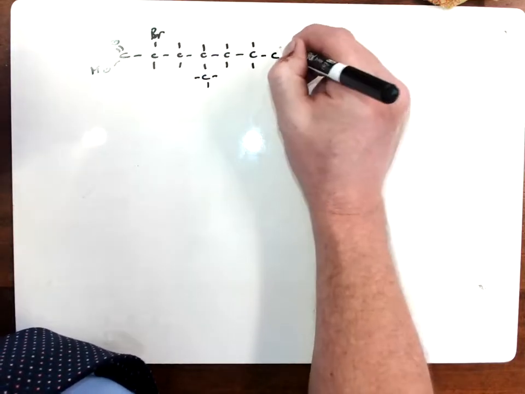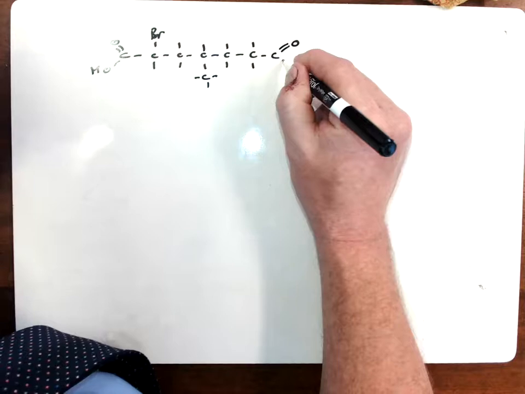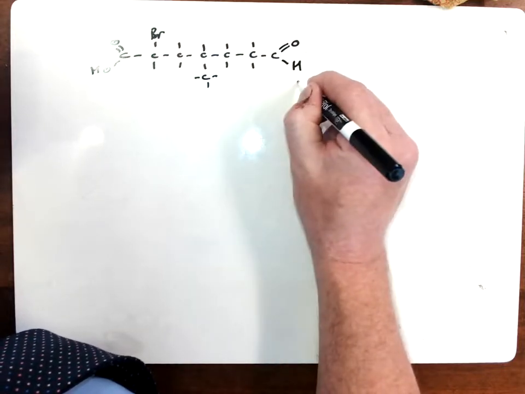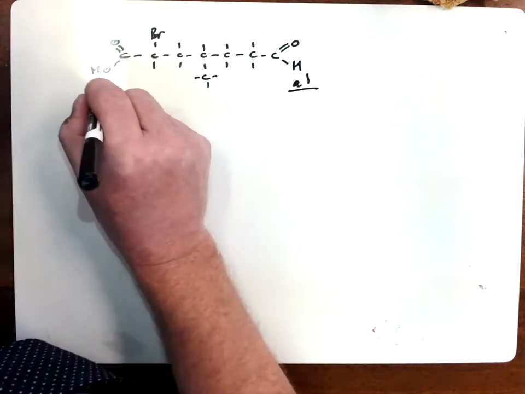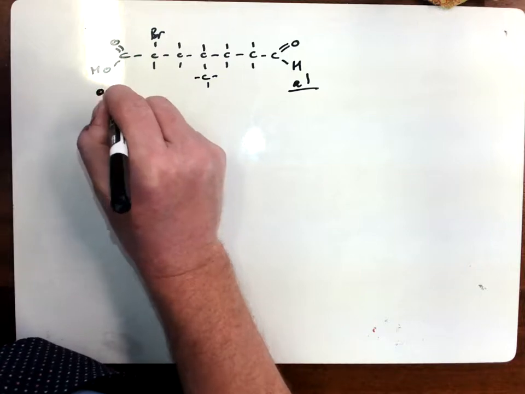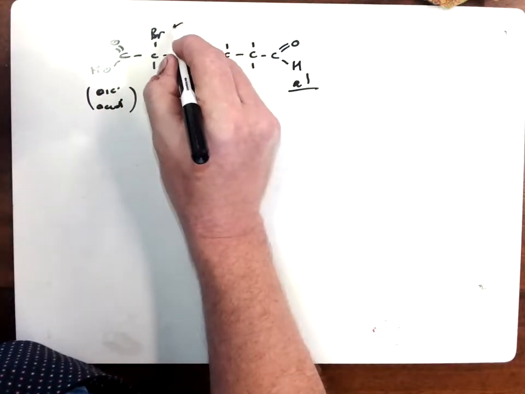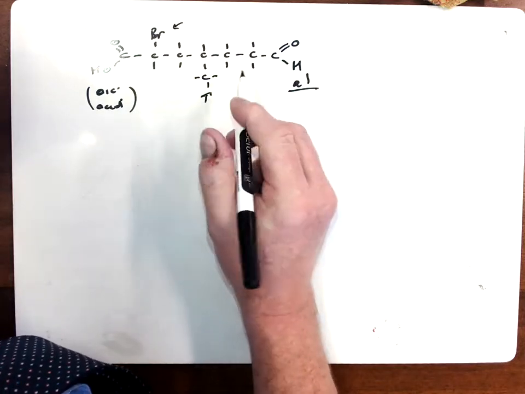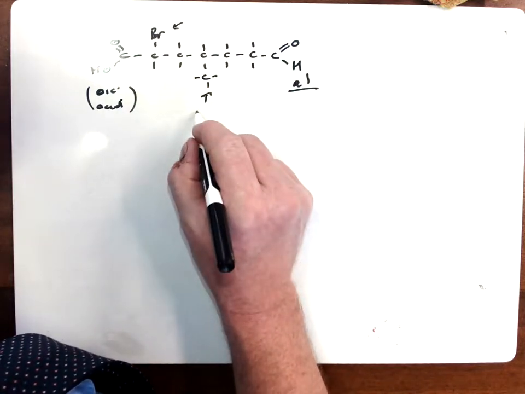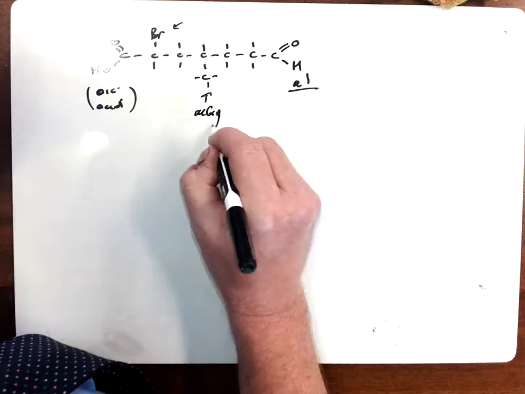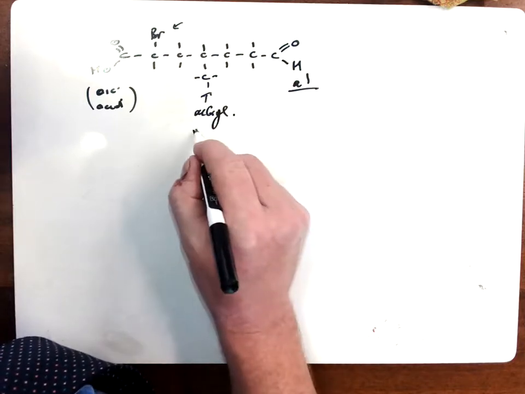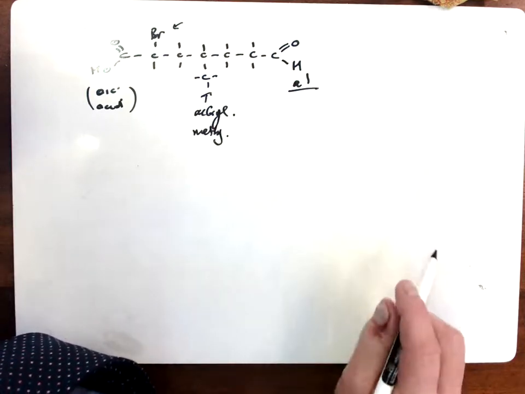And we'll put an aldehyde group. So we have an aldehyde group, we have an oic acid, I'll just write for a carboxylic acid, we have a bromine here, so it's a haloalkane group, and we have here an alkyl group, which is of course a methyl group.